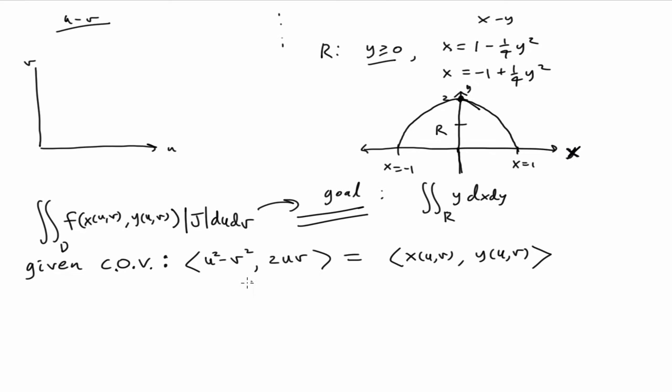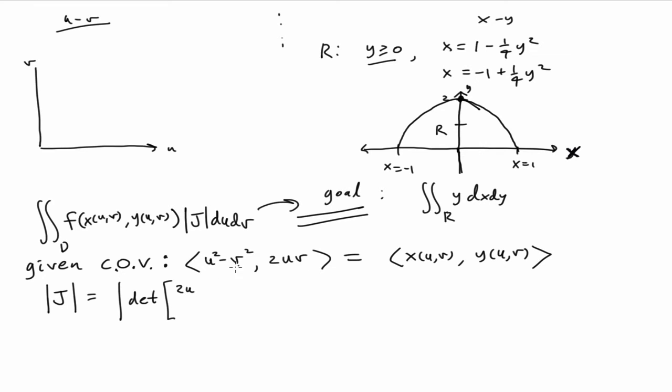Okay, so this is good. Let's calculate our Jacobian really quick. Okay, so we know that the absolute value of the Jacobian is going to be the determinant of the x function, partial derivative of x with respect to u, which is going to be 2u.